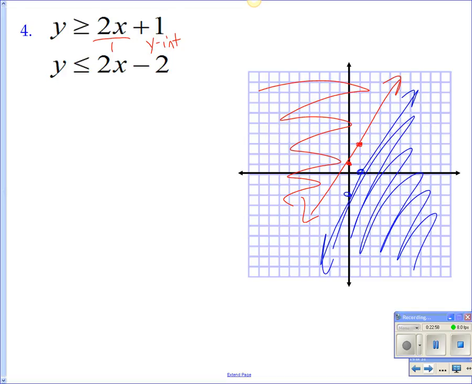They don't. What do you think the answer to this one would be? No solution. They never overlap. That's the y-intercept.